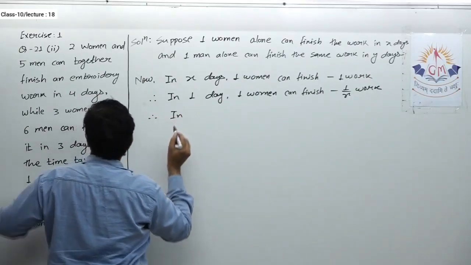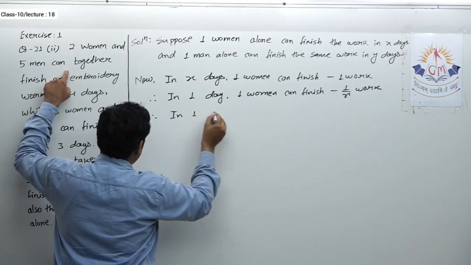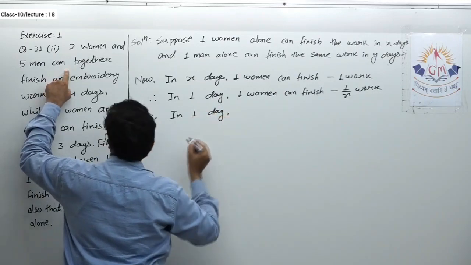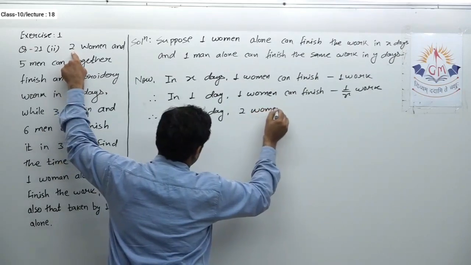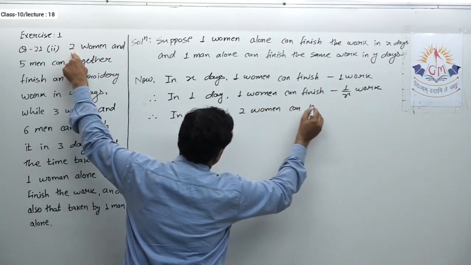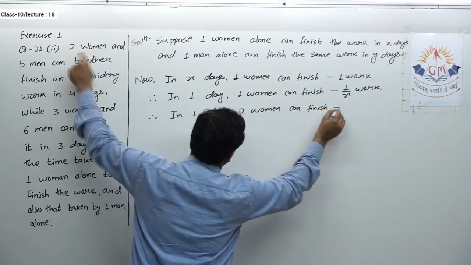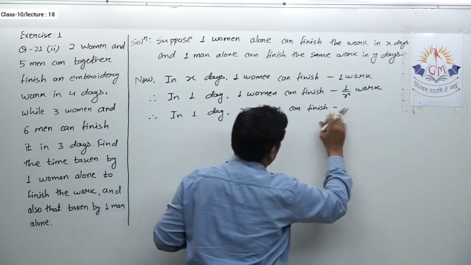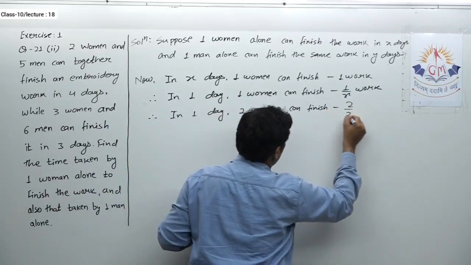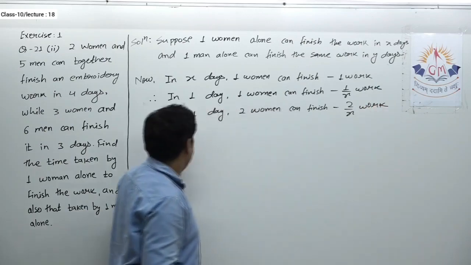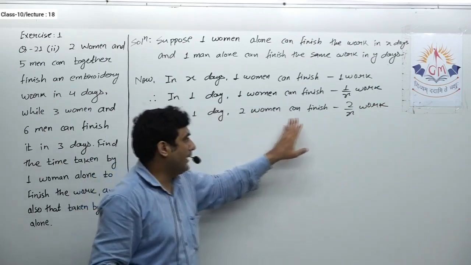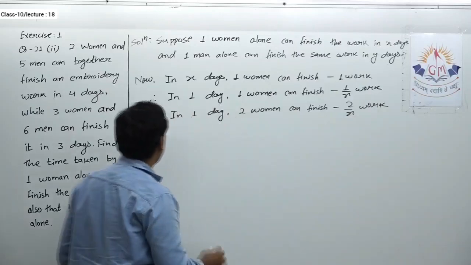Therefore, in one day, two women can finish, obviously the work done will be twice, that is 2 upon X work, isn't it? In one day, two women can finish this much work.